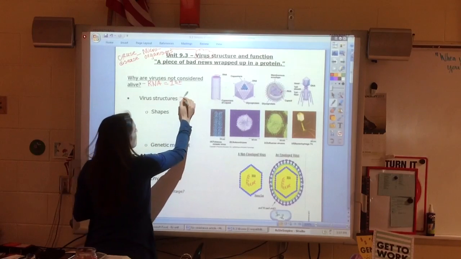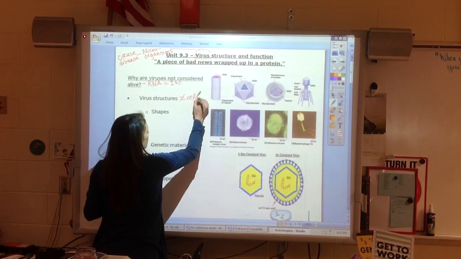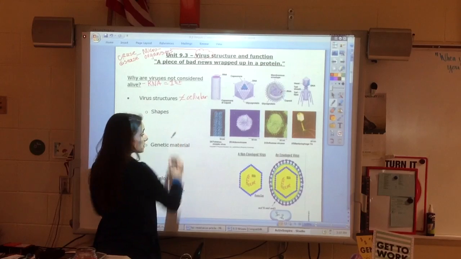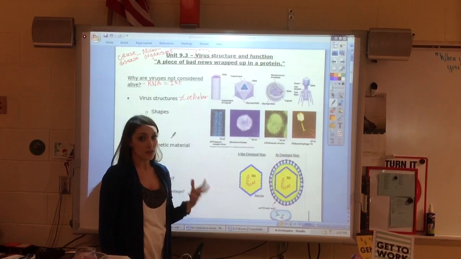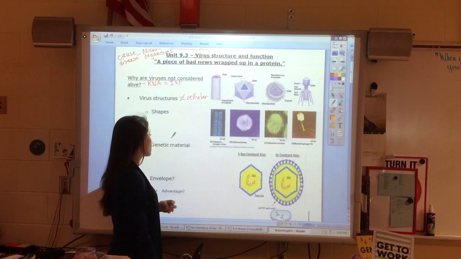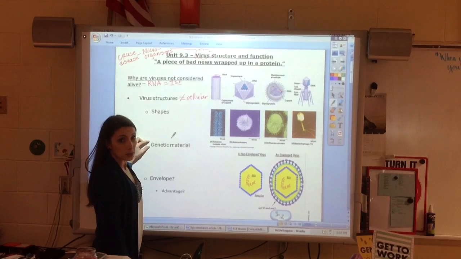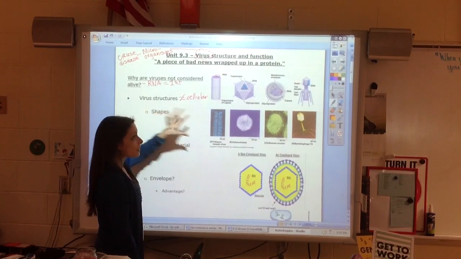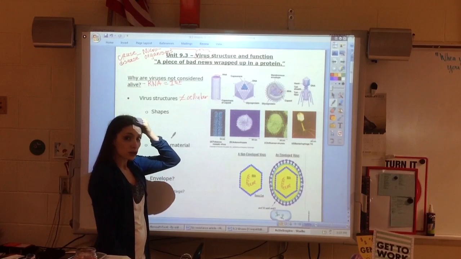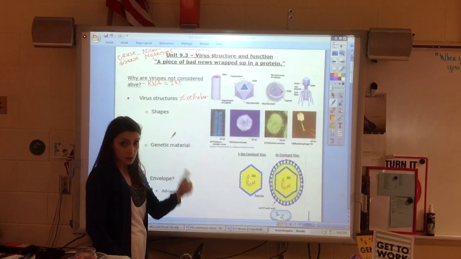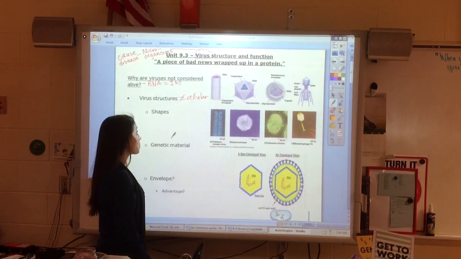Viruses are not cellular. So they don't have a cell membrane, they don't have organelles, they don't have a ribosome, they don't have cytoplasm, they do have genetic material, and they do have an external structure. The external structure of a cell would be the cell membrane or perhaps a cell wall.